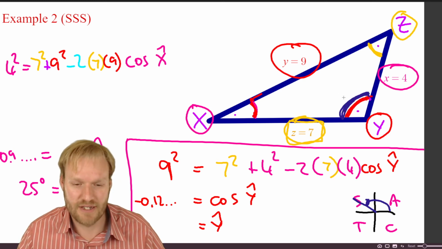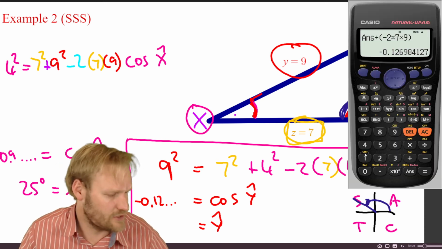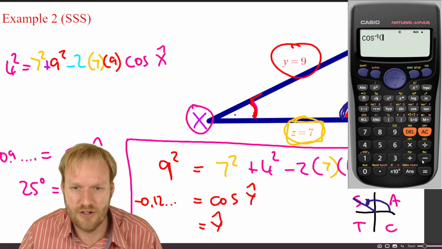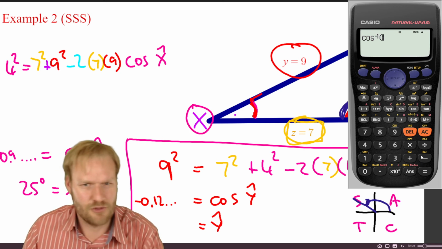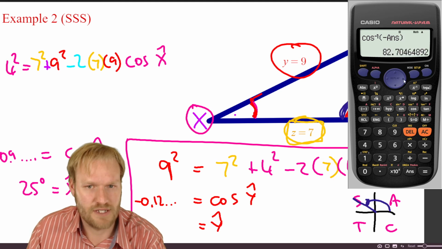It's greater than 90 degrees. Okay, so let's put that in the calculator. Shift cos of our answer. But remember, we have to be careful because we want shift cos of negative our answer to get our reference angle, and we want to go 180 minus what we got there.